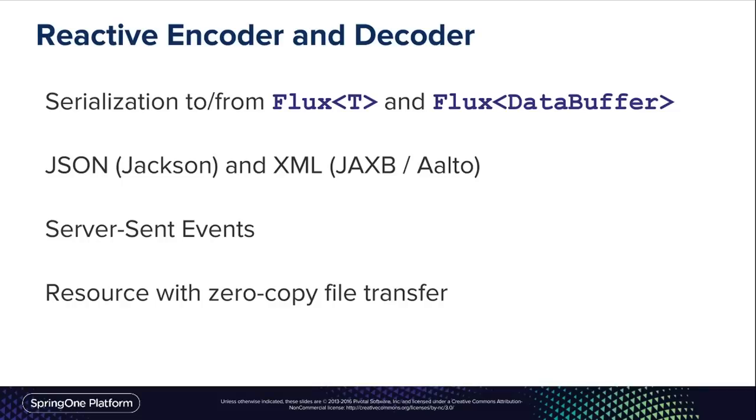Now, in terms of the encoding and decoding, this is an interesting topic in itself, because Jackson is a blocking library. Still, it doesn't have any asynchronous non-blocking option. So how do we do it? Well, on the input side, we are parsing the JSON input stream, and if that's an array, we're breaking it out into individual objects within the array, and then feeding those one by one, buffering that data until we're ready to feed something into Jackson.